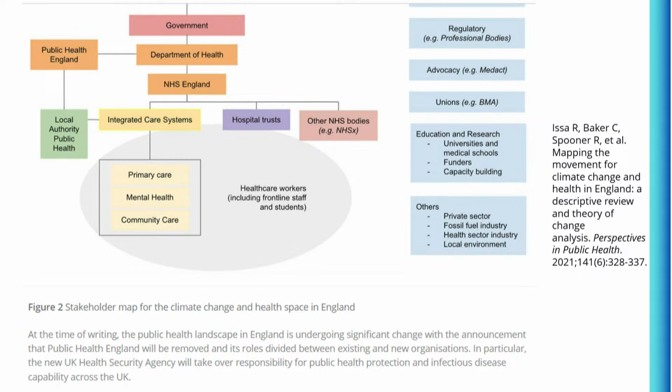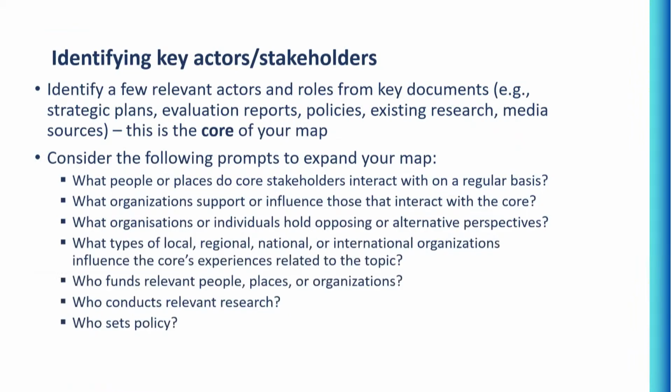In particular, the new UK Health Security Agency will take over responsibility. So this is a simple kind of organogram, but it is mapping out the relevant bodies, regulatory, advocacy, education, and others, to this topic of what's happening and who is relevant for making important decisions in this climate and health space.